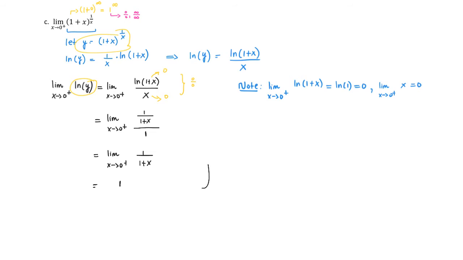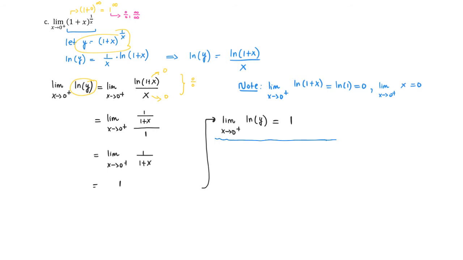So now look at this over here. We now concluded that the limit as x approaches 0 from the right of the natural logarithm of y is equal to 1. It is clear here that I don't want to find the limit as x goes to 0 of the natural logarithm of y. I want the limit of just y. That's what I want. However, there is a way for us to get that.